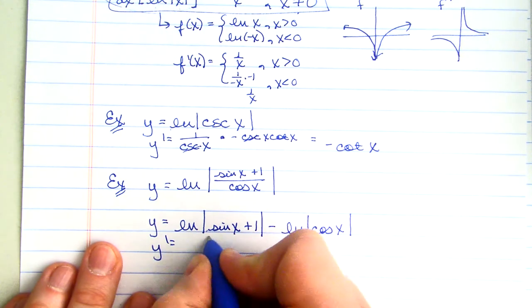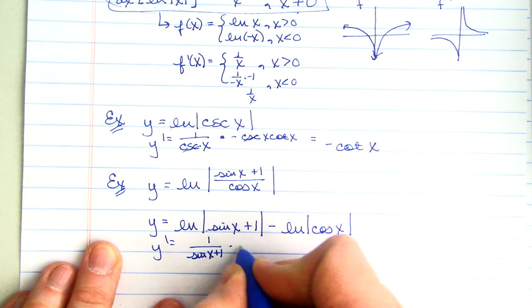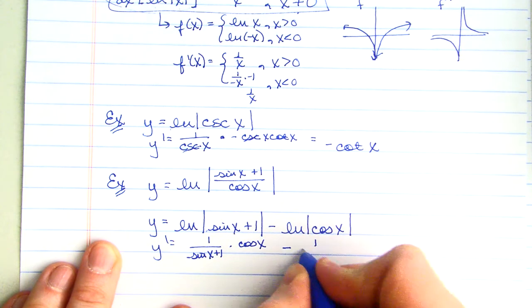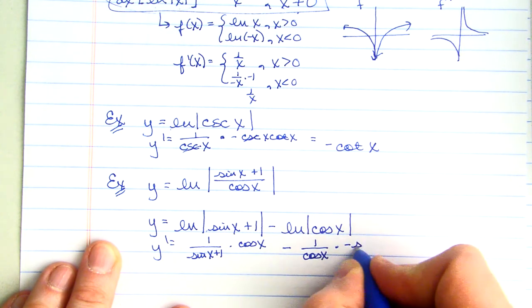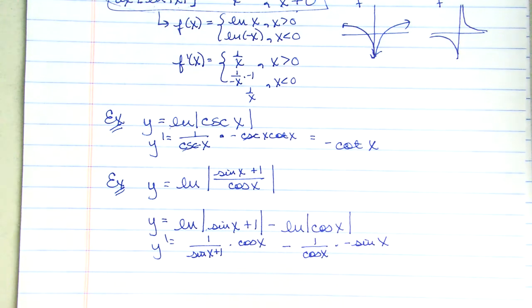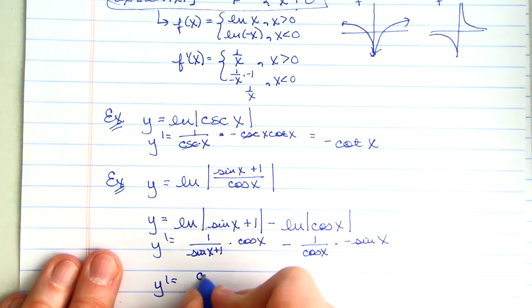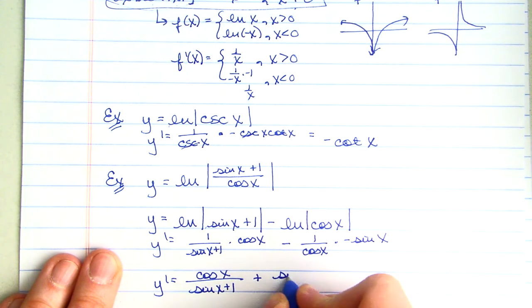Y prime is going to equal 1 over sine x plus 1 times the cosine of x, minus 1 over the cosine of x times negative sine x. Okay, so y prime is going to equal cosine x over sine x plus 1, plus sine x over cos.